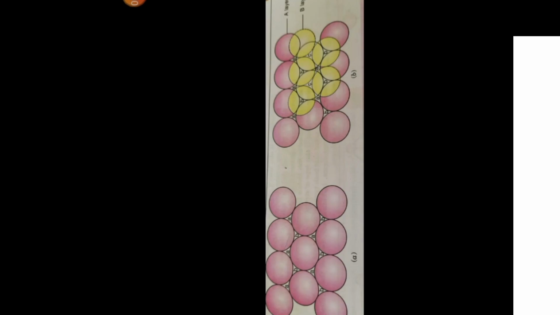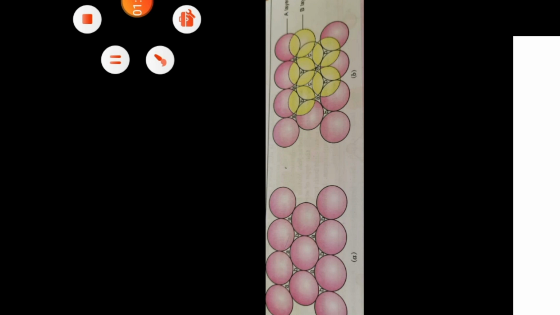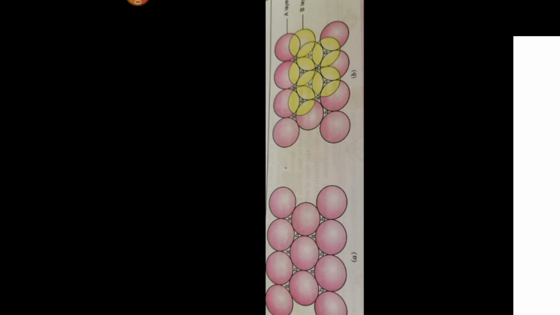What is going to happen over there? Okay student, you see this diagram again. Now this is the void C. Which void is it? Void is C. Beta, if you put the sphere on the void C, then you will get the same arrangement as in the first layer.